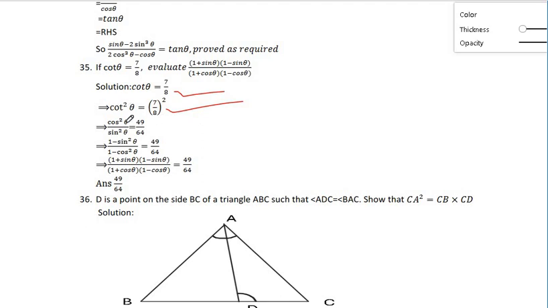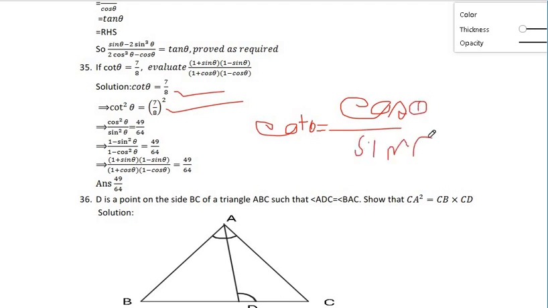Cot square theta means cos square theta by sin square theta. Cot theta is equal to cos theta by sin theta. And cos square theta equal to 1 minus sin square theta.